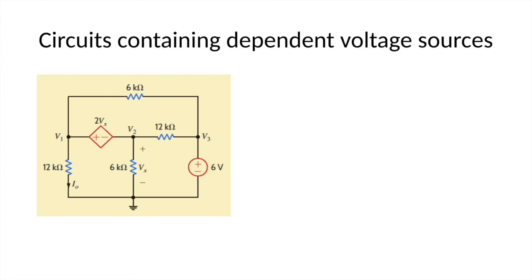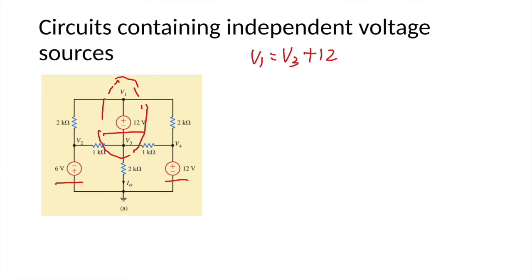So let's apply KCL at the supernode. Here V1 equals V3 plus 12.